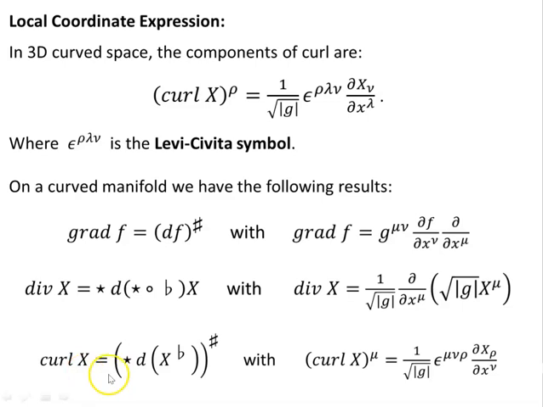And then the curl, which produces another vector, is this object here, and the components of that are curl x mu is 1 on, as we saw earlier, the partial derivative of the covariant components over partial x nu. All right. Now you can always get rid of that covariant component if you don't want it, and simply use the inverse metric to raise rho again. All right, and then it'll be the partial derivative of all of that.